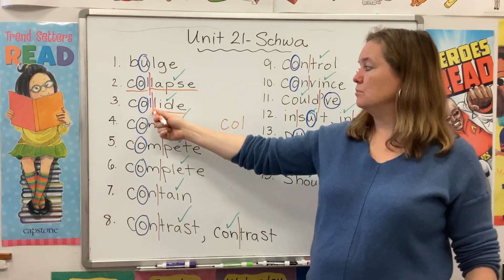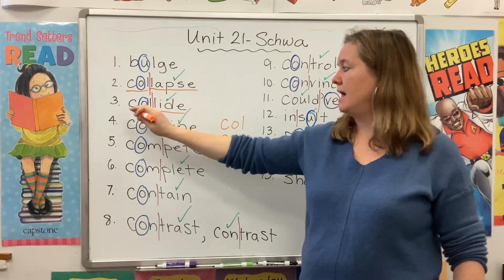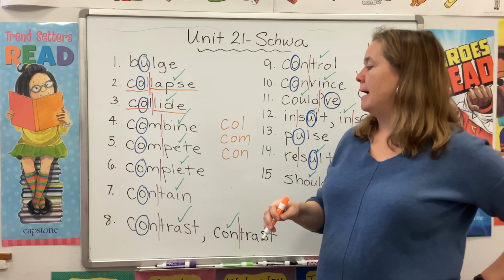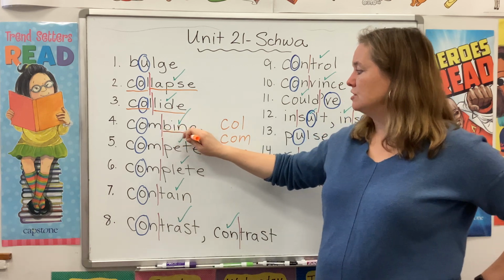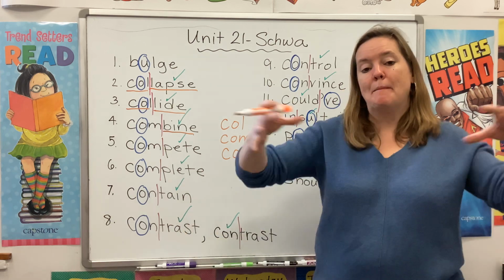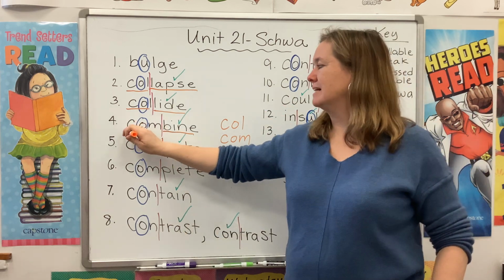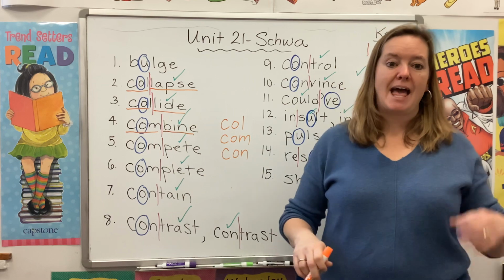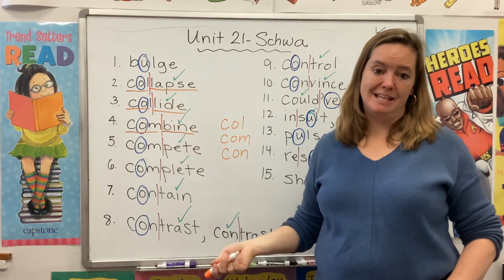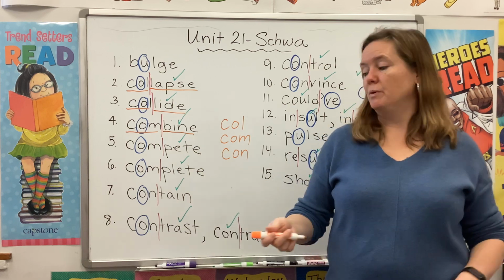Again, because our root or our base starts with an L, we're going to use the COL prefix. But when our base starts with a B, we always use M. So when you combine things, you mix them together. L goes with L, M goes with B. M also goes with P.